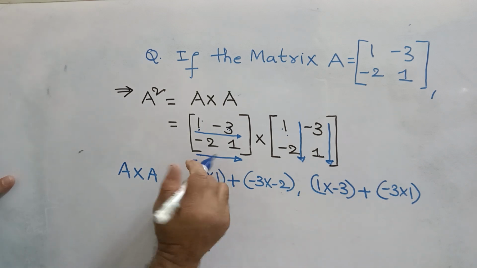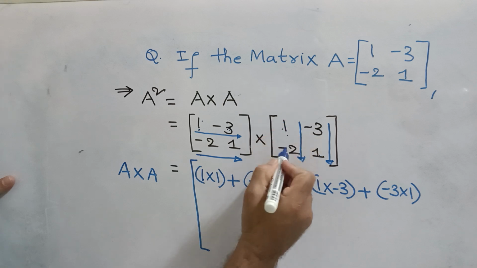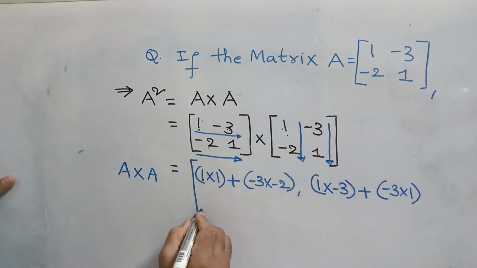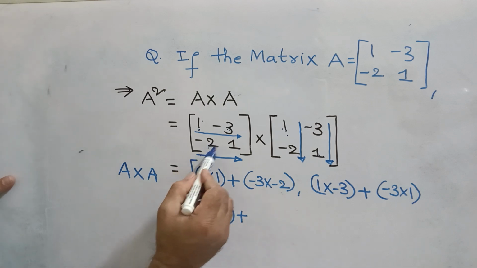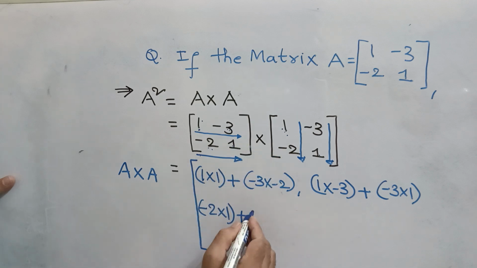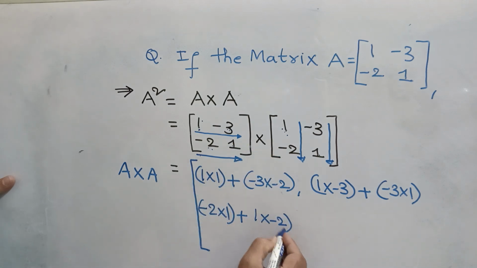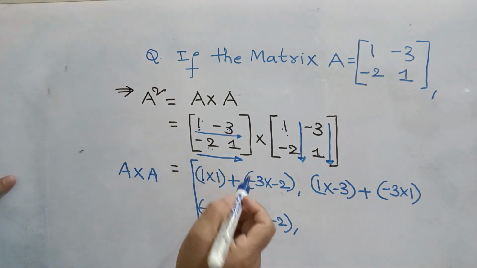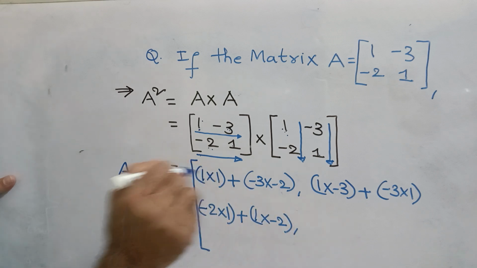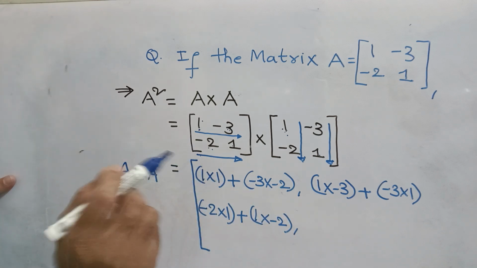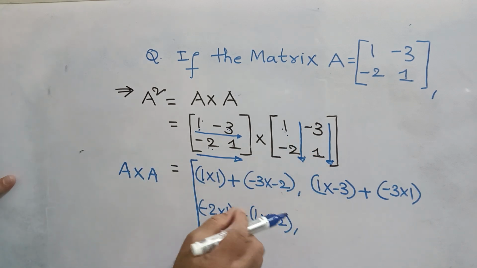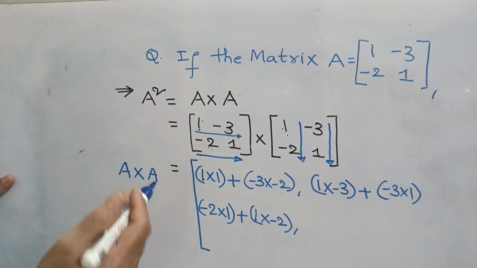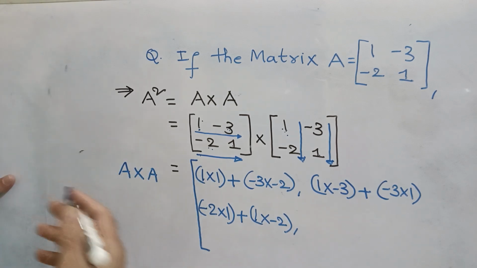For the third element, take the second row, consider the first column here, then minus 2 into 1 plus 1 into minus 2. So don't forget to note down the signs of the numbers. Is it plus or minus? That makes a big difference. If you forget to put that minus sign, then definitely you will get the wrong answer and you will lose the marks.